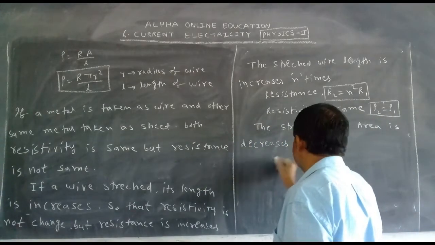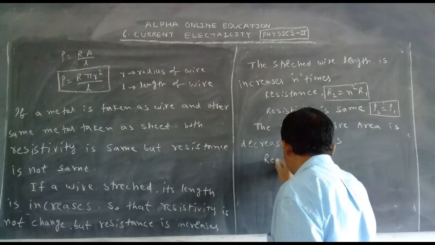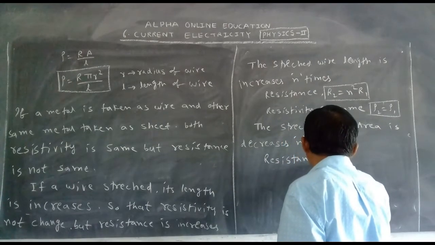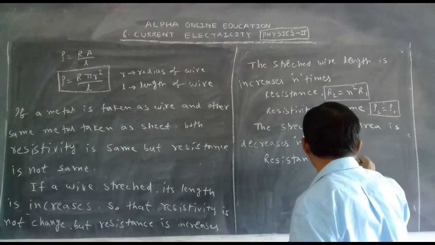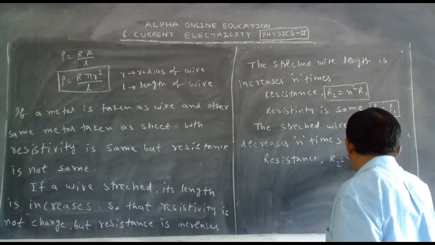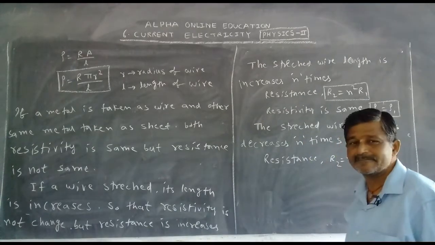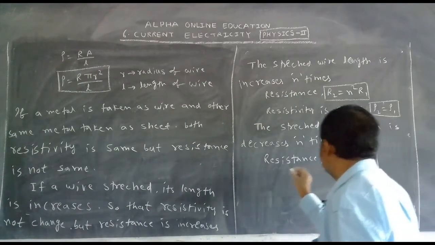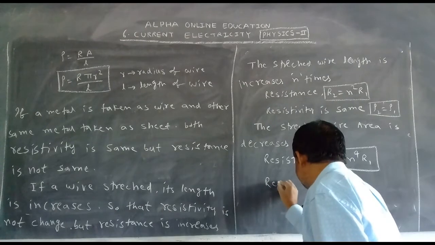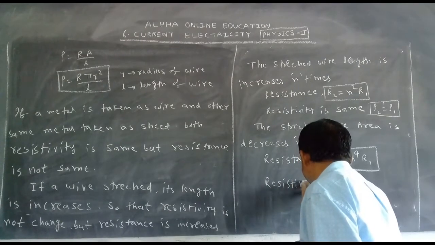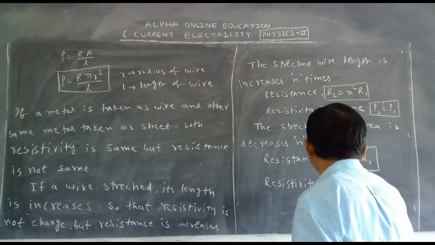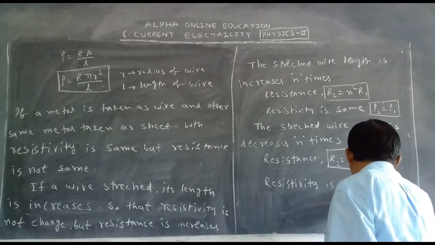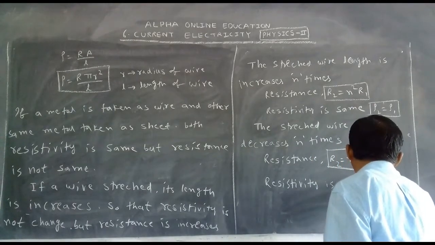Decreases how many times? n times. So resistance R2 is equal to n power 4 R1. Then what about resistivity? Resistivity is the same, meaning rho 2 is equal to rho 1.